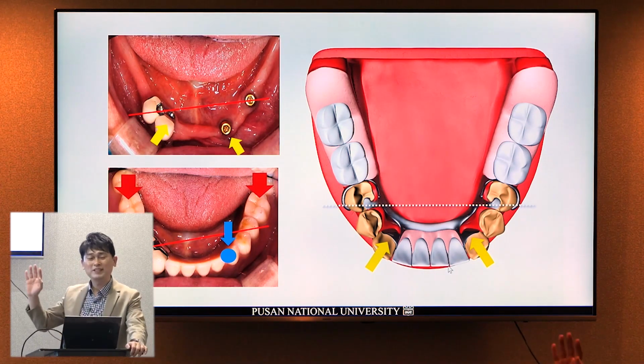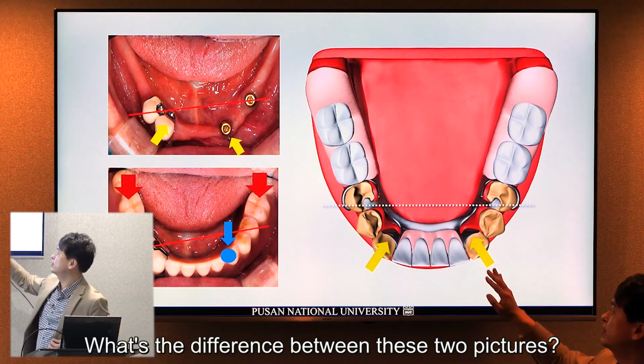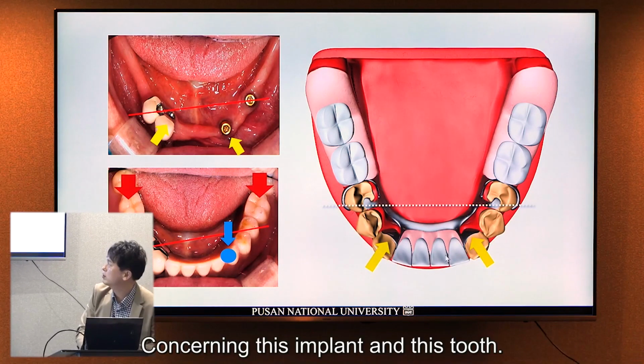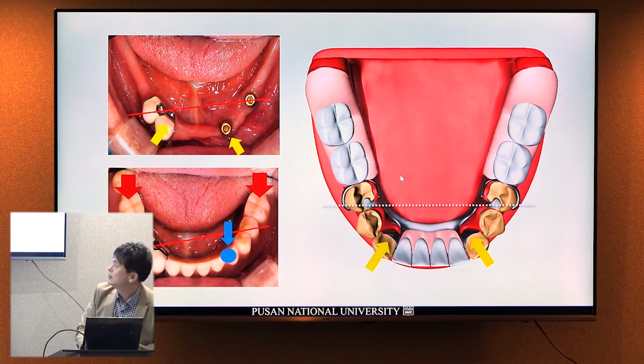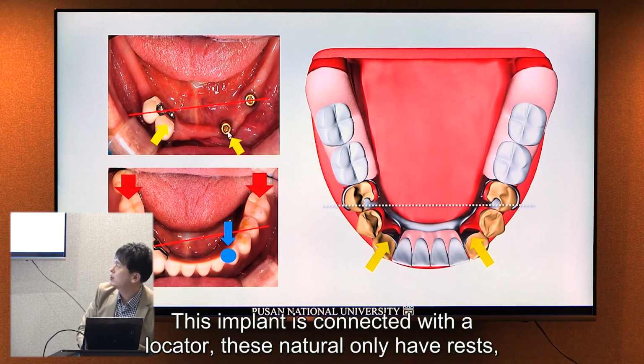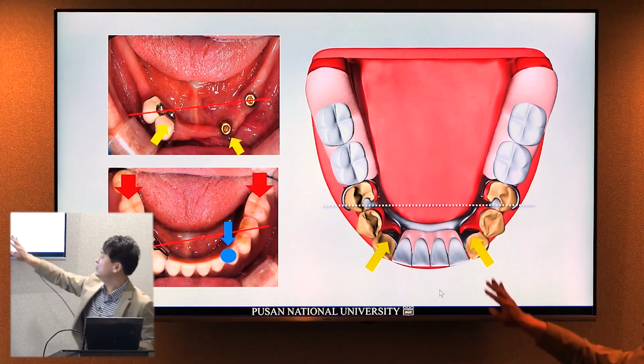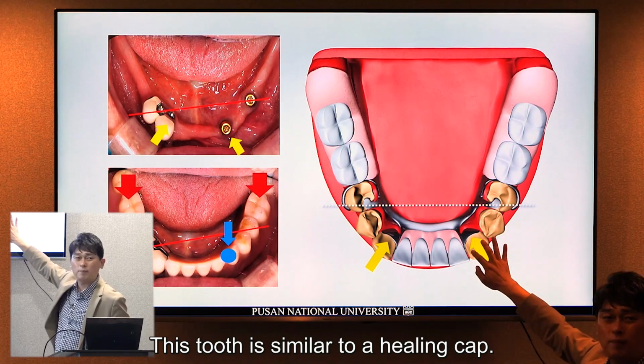So, this is my question. What's the difference between these pictures and this picture? In regard to this implant and these teeth, this implant is connected with a locator. These natural teeth have only a rest. These teeth are similar to the healing cap.